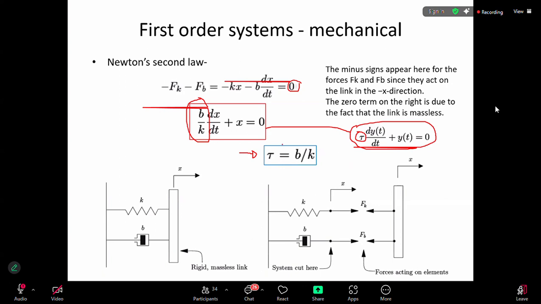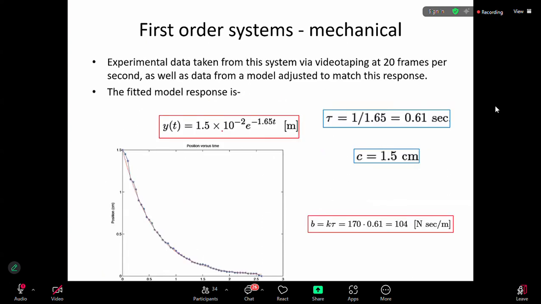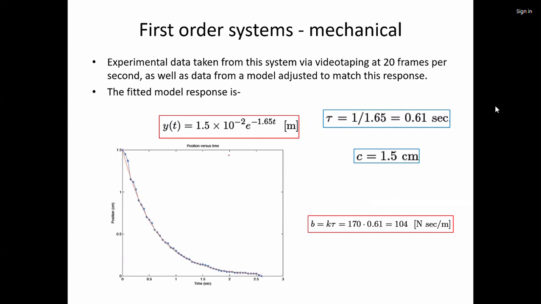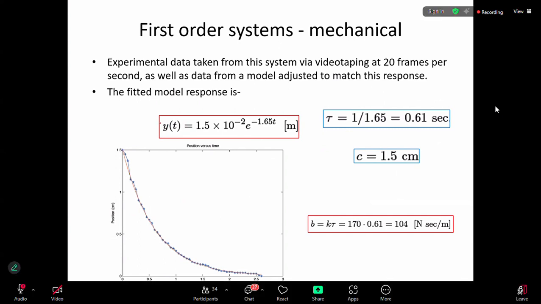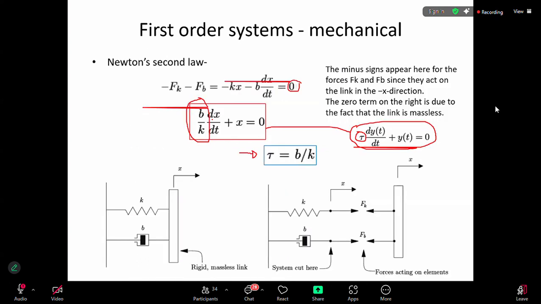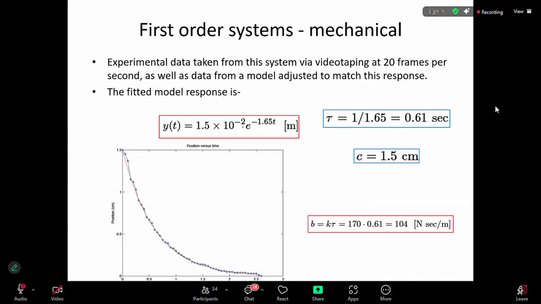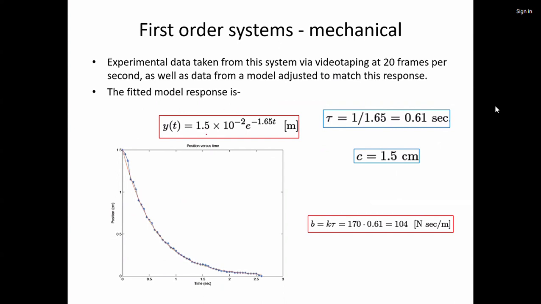So you have essentially a solution to this equation in that form, and here such a solution is written. So basically your displacement is here. You can say that this is basically the coefficient, which is 1.5 into 10 to the power minus 2.